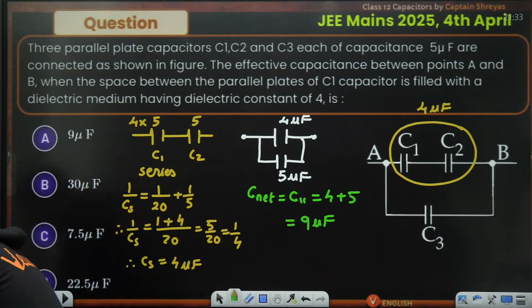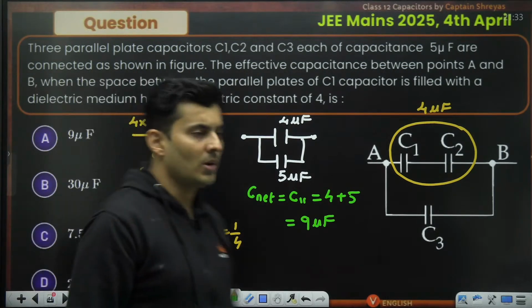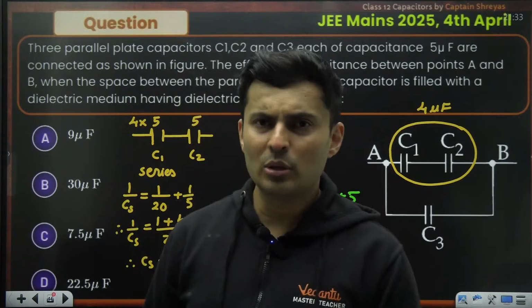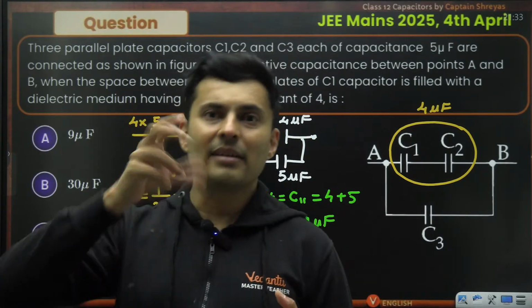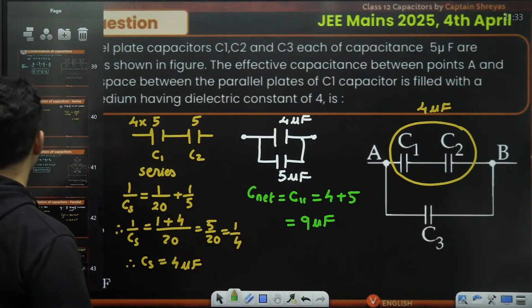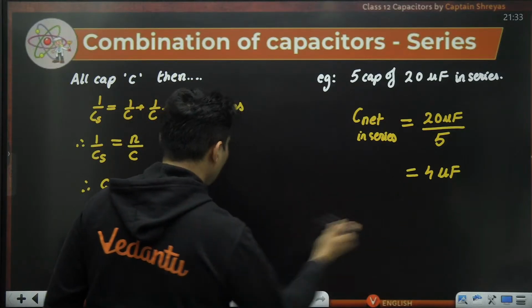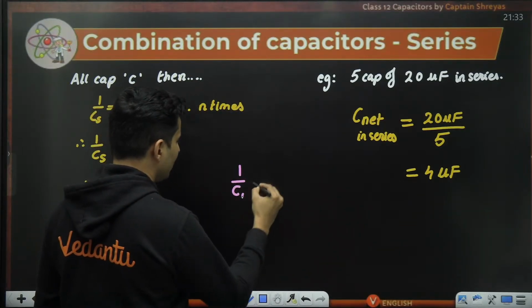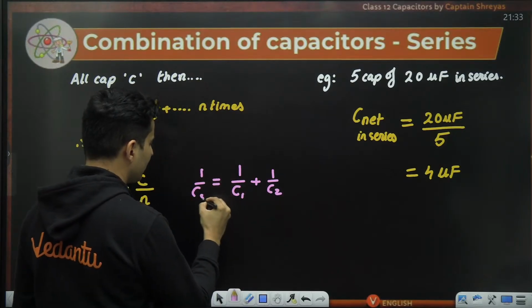Thank you so much. Sir, does increasing K increase the net capacitance in both series and parallel? Not necessarily. In parallel it will for sure increase, but in series the formula is in reciprocal. Earlier you had 1 by C1 plus 1 by C2 is 1 by CS.